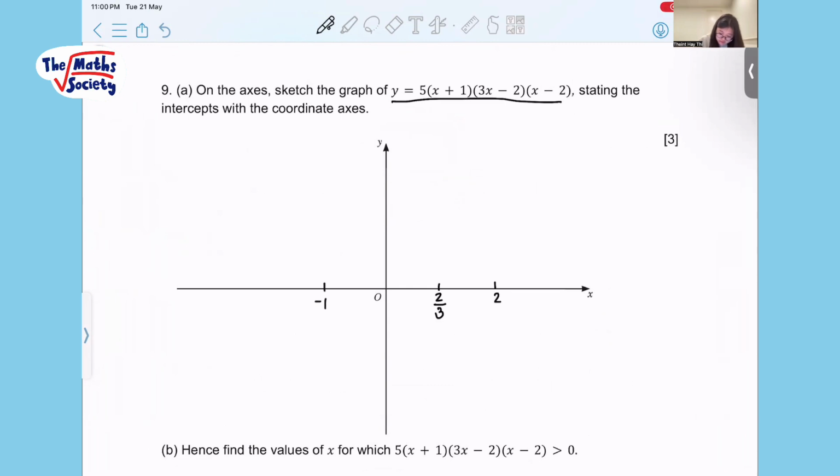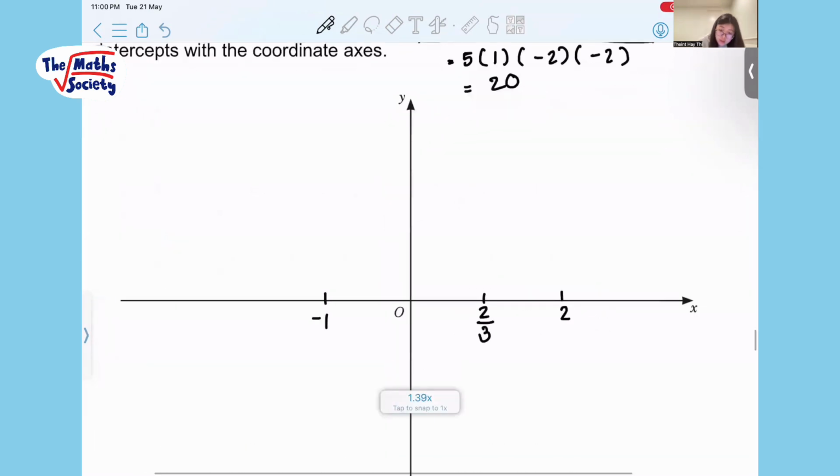And then we're going to have to find y. So we're going to do 5, 1, minus 2, minus 2. We're like 5, 5, 4, 20. Yep. It's going to be like here, 20.